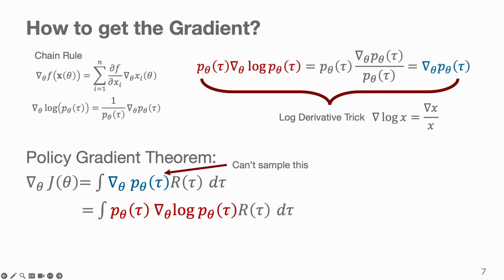This is more useful because we can evaluate this expectation with samples. We still have this term inside that is not pi of a given s, so we don't yet have our policy function, but we will get there in a second.